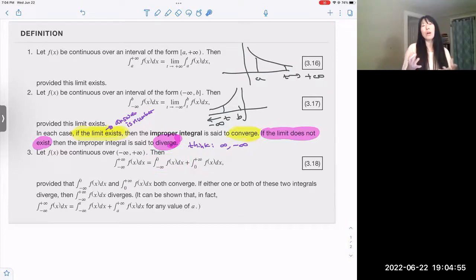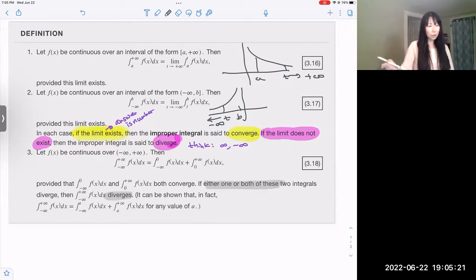If one term is diverging, we can say the whole thing diverges, because divergence is super powerful. If either one diverges, then we say it diverges, okay?